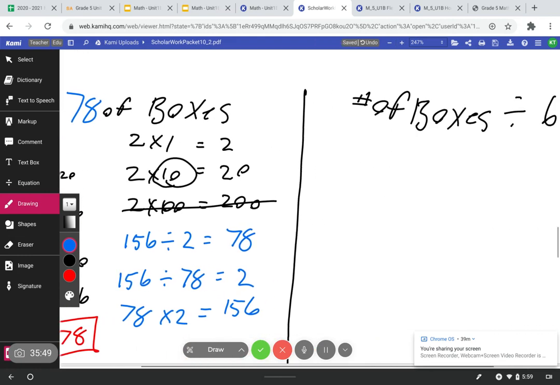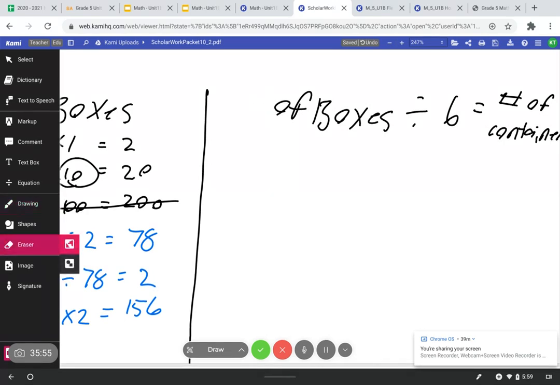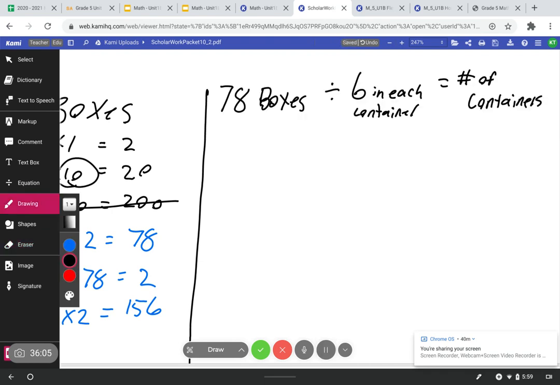But remember, each container has 6 boxes. So I'm going to divide 78 by 6, and that will tell me the total number of containers. So let's write that out. So if I divide 78 by 6, I will get the number of containers. So let's do that. I'm going to do 6.